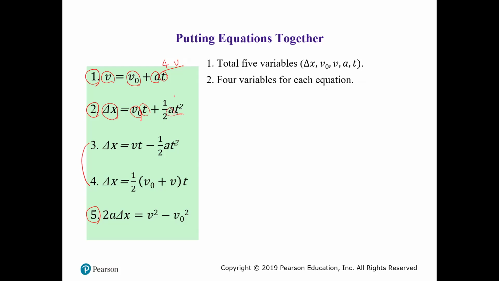So this is also four variables. Equation number three has delta x, final velocity, time, and acceleration, another four variables, right? You can check numbers 4 and 5. You see there are only four variables in each equation, right?